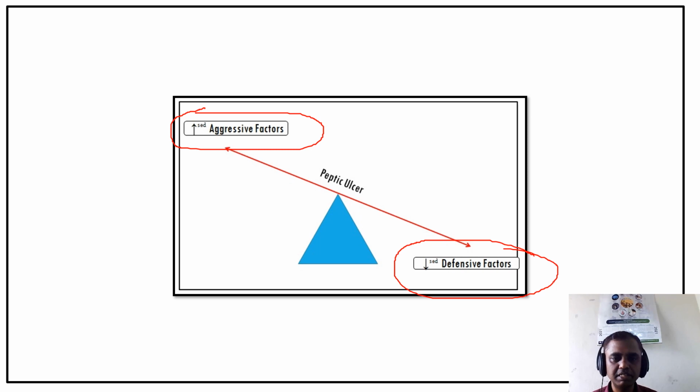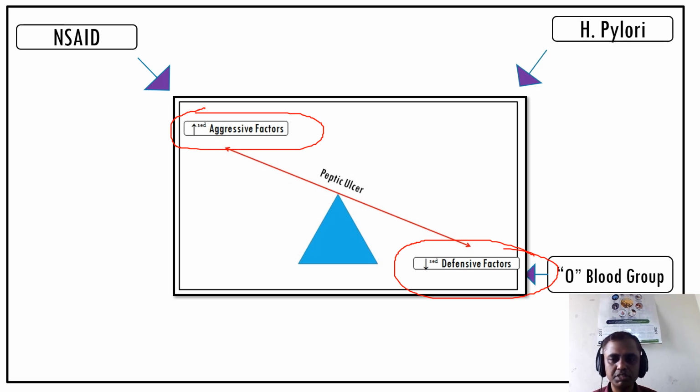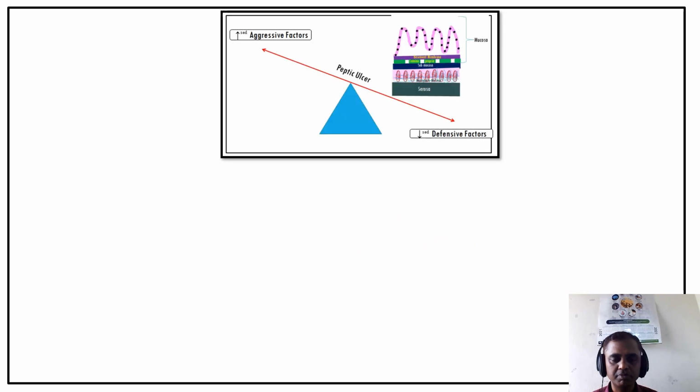So increased HCl and decreased mucus and bicarbonate lead to erosion followed by ulcer. Some of the risk factors, as we discussed, like NSAIDs, H. pylori infection, blood group O, and stress and anxiety, can make a person prone to peptic ulcer.